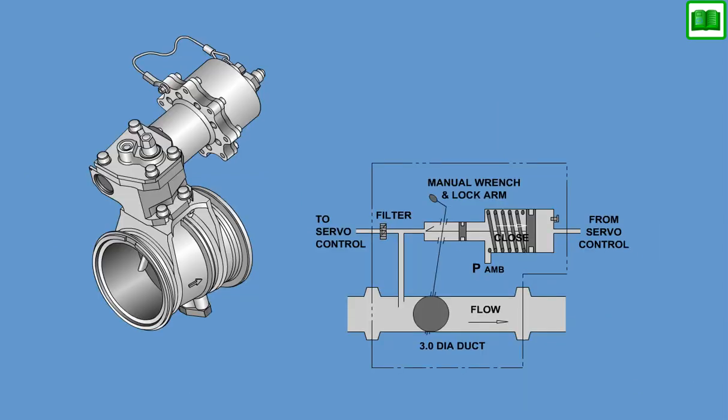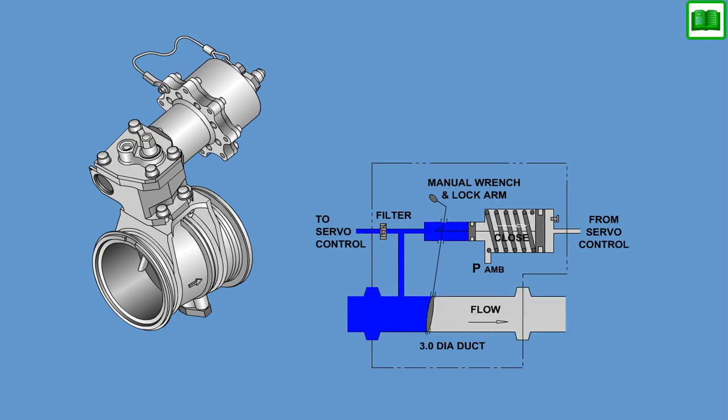Duct pressure is ported directly to the supply or third area piston of the actuator. This pressure force, along with the actuator spring force, provides the closing force for the butterfly disc. The opening force is provided by servo pressure acting on the larger servo piston. Servo pressure is controlled remotely.